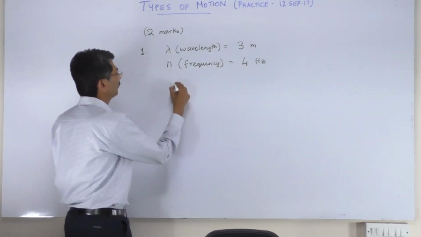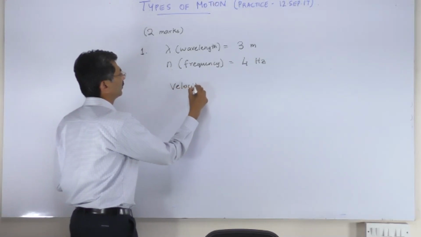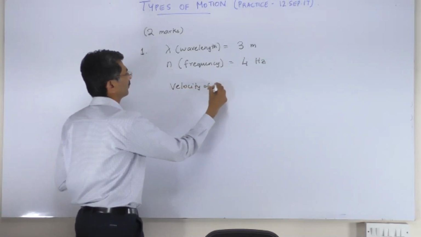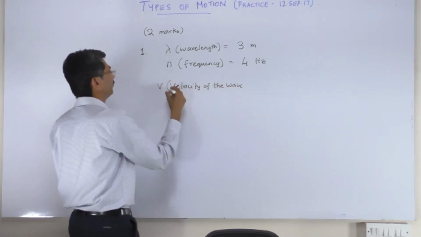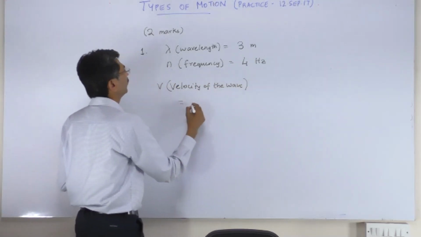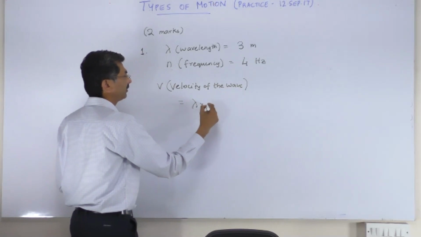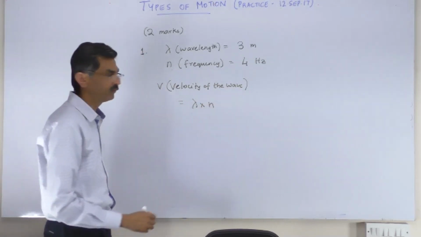The velocity of the wave V is equal to lambda, which is the wavelength, multiplied by the frequency.